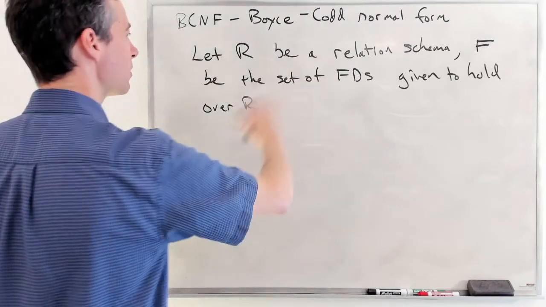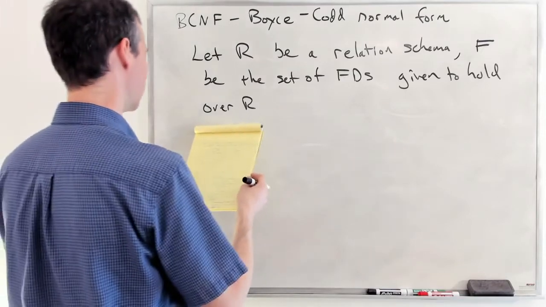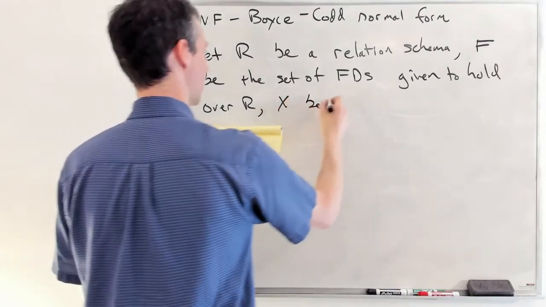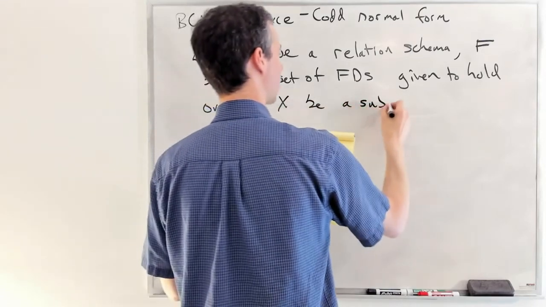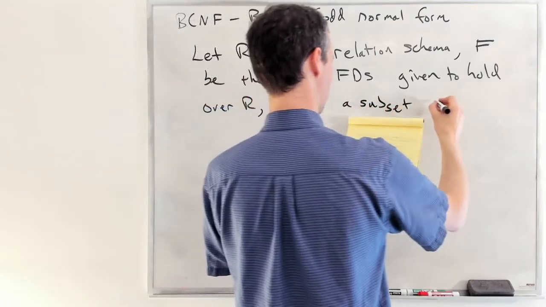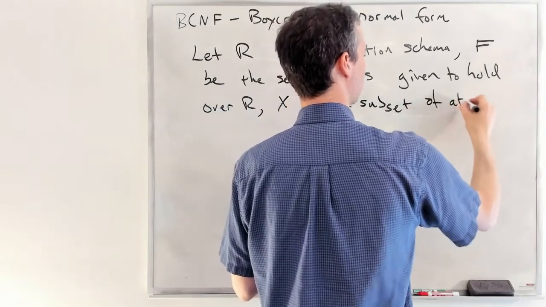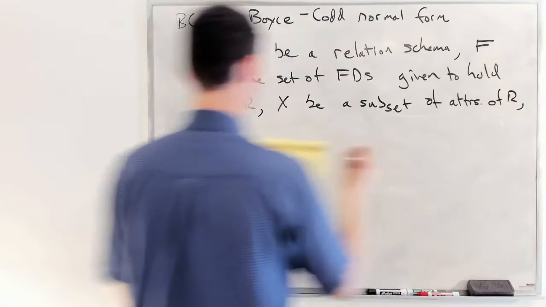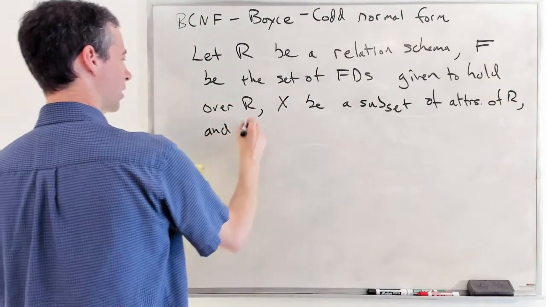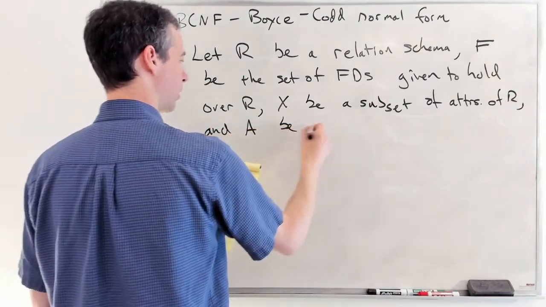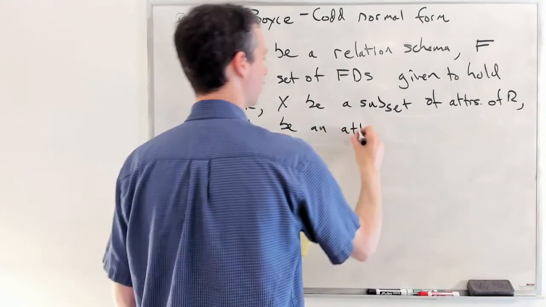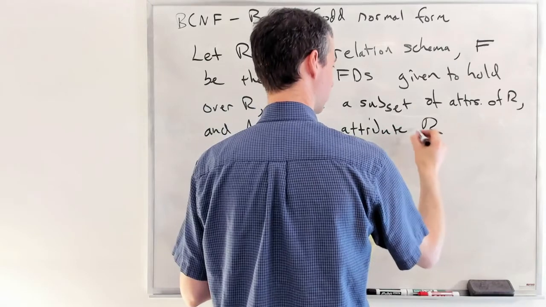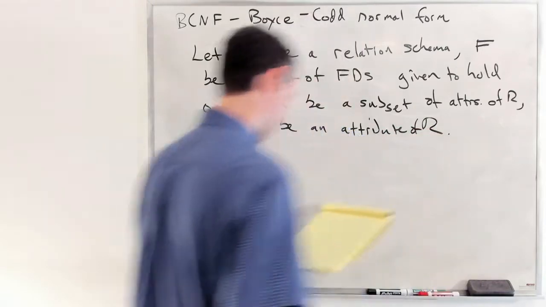Anyway, so we've got this set that we figured out to hold over R. And we're going to let, again, X be a subset of attributes of R, and we're going to have A be an attribute of R. So the only thing new here was this introduction of F. All right.